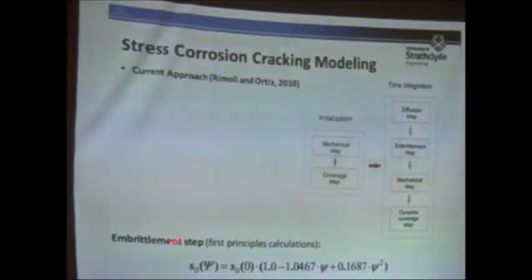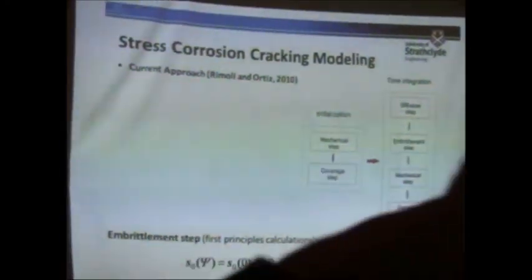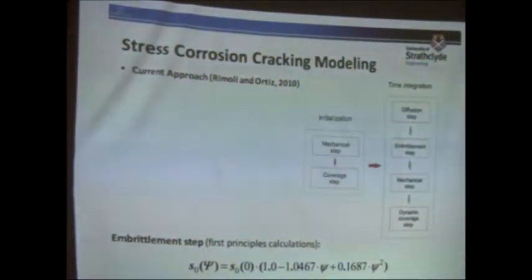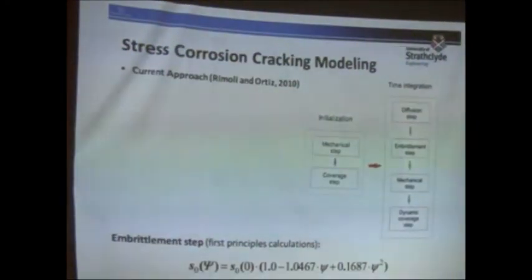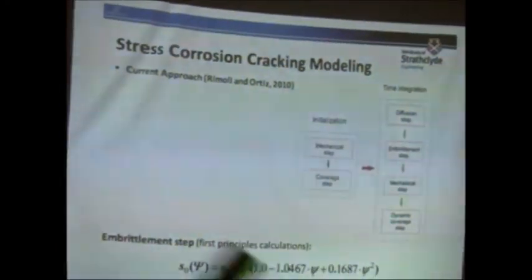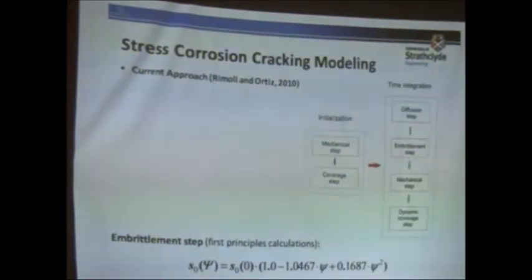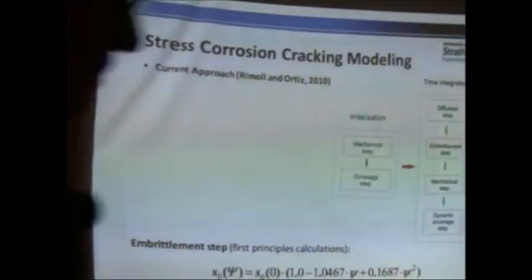To capture that effect, we found this relationship from an ab initio or atomistic type of simulation. We have this critical stretch parameter which dictates the failure, and it depends on this phi parameter, which is the hydrogen concentration.